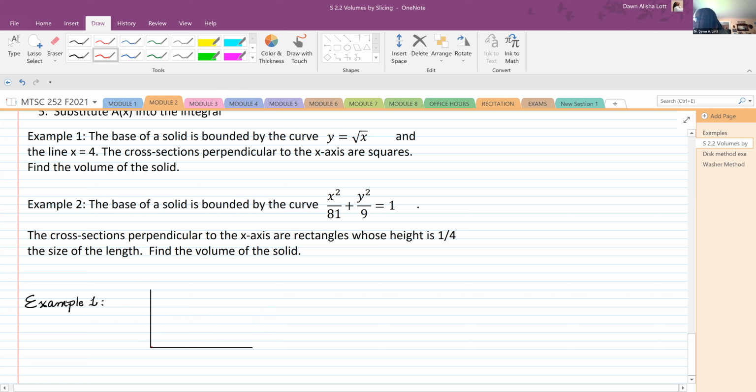So here is y is equal to the square root of x. It's a little flatter than that. And it's also bounded by the line x equals 4. So if I draw the line x equals 4, then you can clearly see what the base of my region is. So this right here is the base.